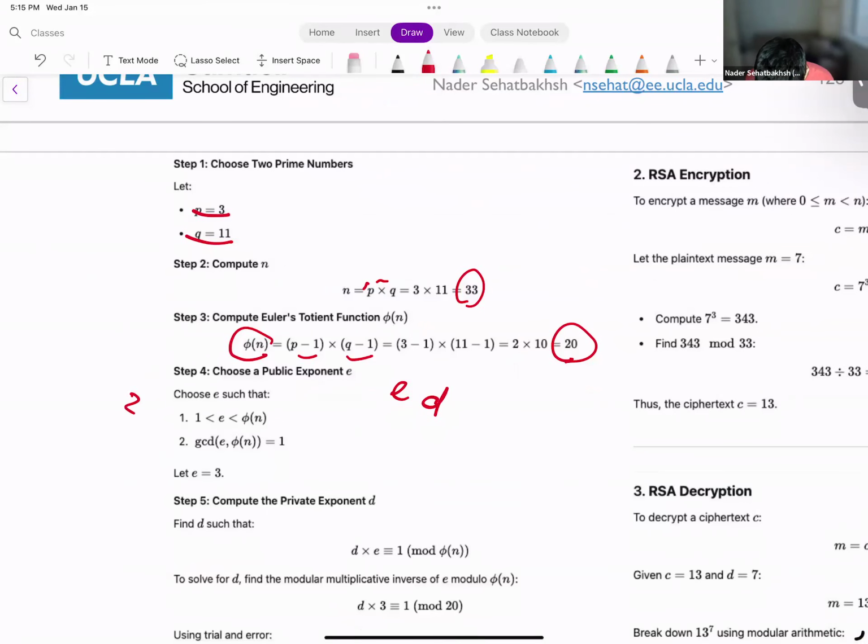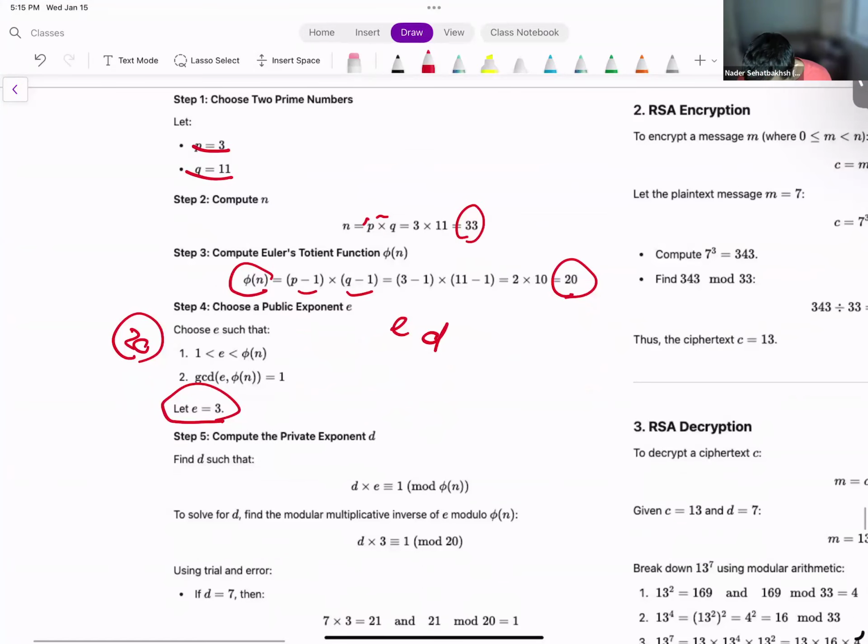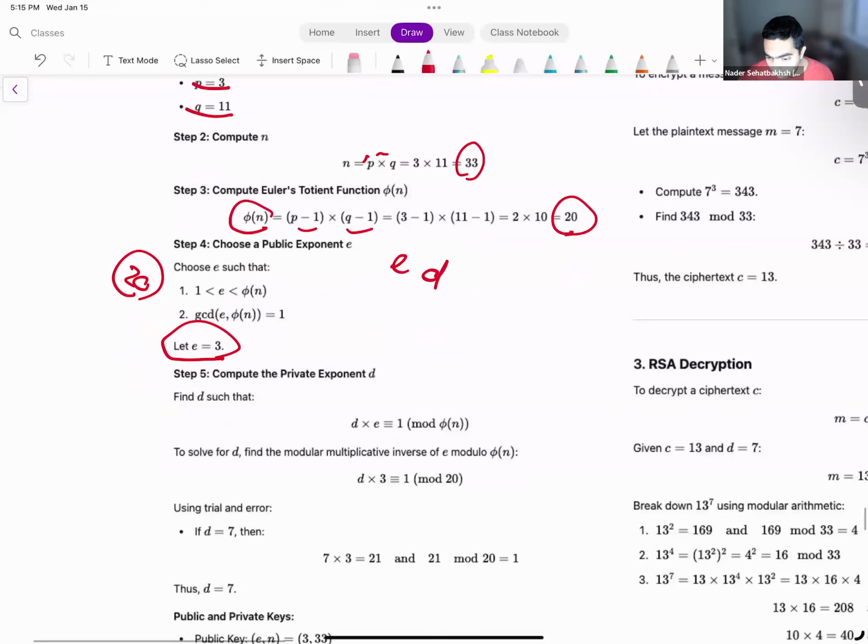So we need to find D and E such that we get that value. Typically, as I said, we start with some basic number for E. In this case, E is equal to 3. Now that E is 3, we need D times 3 to be 1 mod 20. We solve this through trial and error, and we get, for example, D equal to 7.